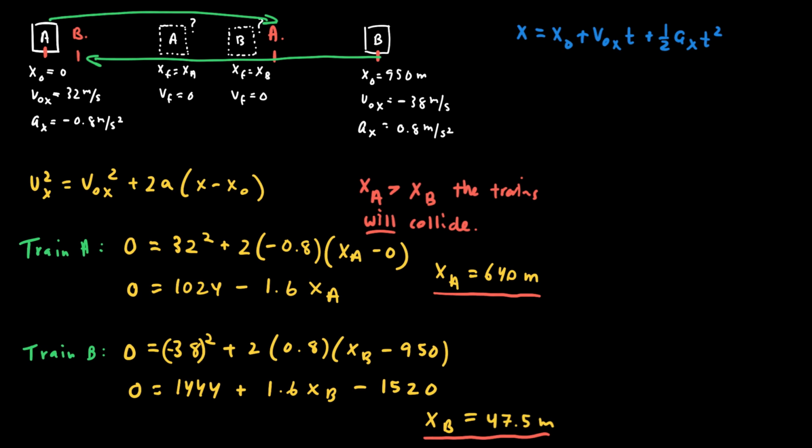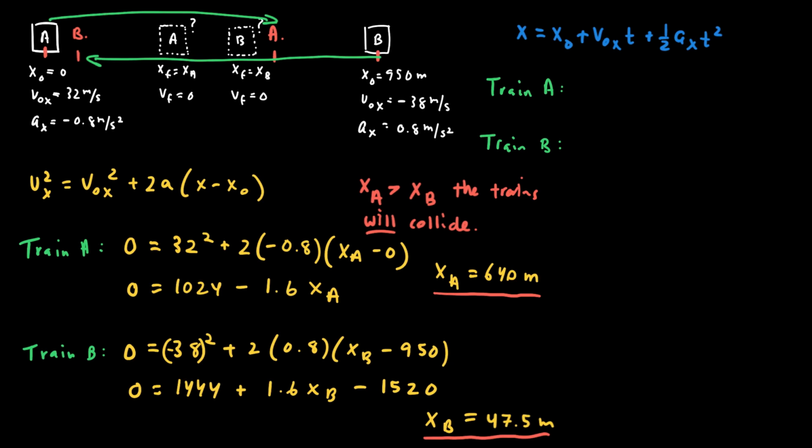So I'd like to take a moment to just describe how I'm going to solve this last part of the problem. What I'd like to do is take this equation, and just like before, write this equation with the variables put in for each of the trains separately. But what I know now is that there's going to be a collision for sure.